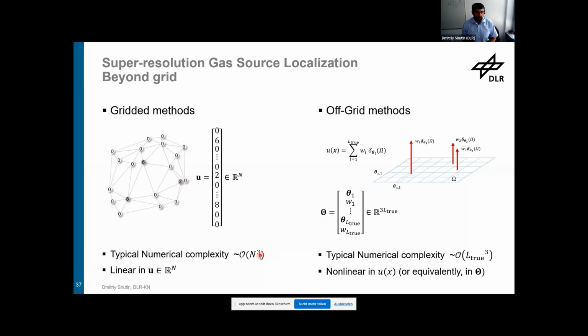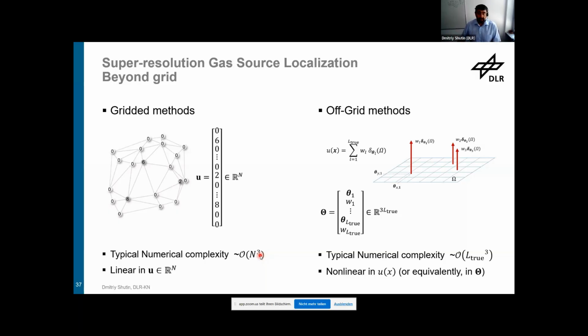One of the approaches to do that is actually to go off the grid. So to say my parameters are not on the grid. My source is parameterized. It's not discretized, so it's not tied to the grid, but it's just parameterized by a few parameters. Its position, which can be a 2D vector if the source is located on the ground, and its release rate, right?